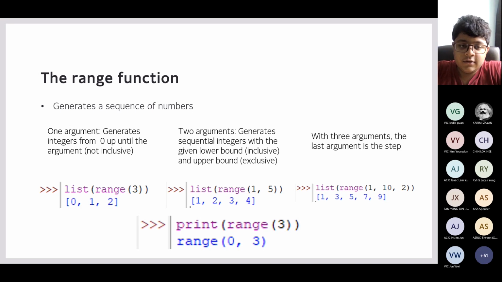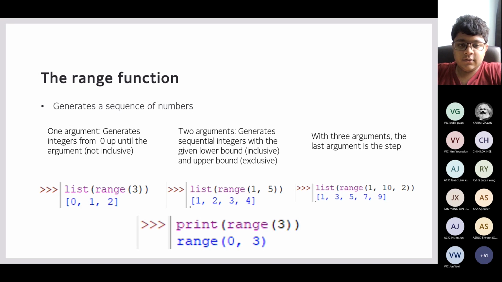Then if you give two arguments, it will also establish a lower bound. For example, you can count from 1 to 10 via 1 comma 11, or from 1 to 20 via 1 comma 21. If you do range 1 to 5, you'll get 1, 2, 3, 4.